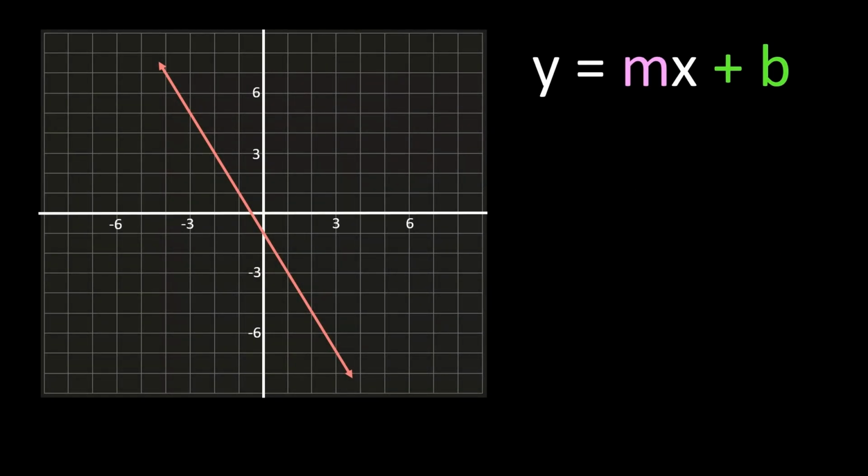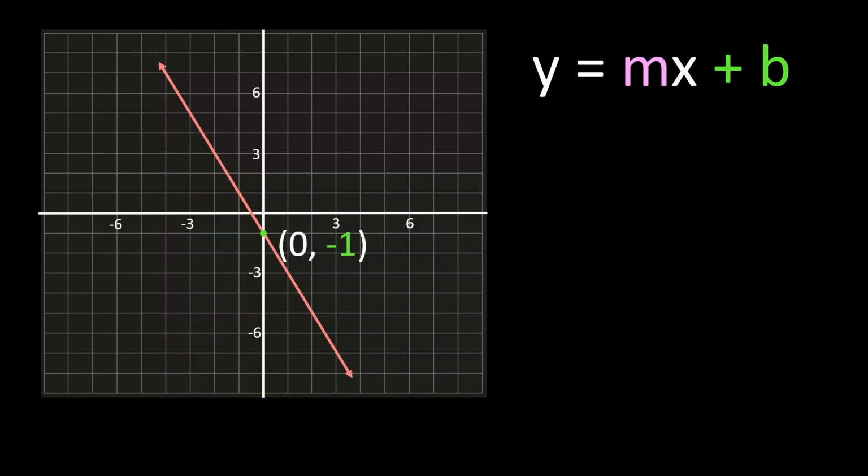We're going to be writing the equation of this line in slope-intercept form, so in the form of y equals mx plus b, where m is our slope, b is our y-intercept, and I like to start with the y-intercept, which is where this line crosses the y-axis, and that's here at this point. And this point is (0, -1), so our y-intercept is -1.